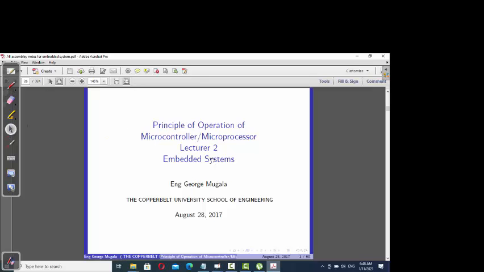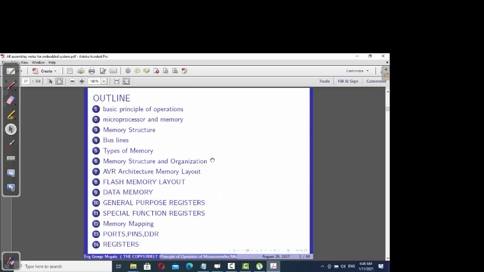Now, the basic outline of what we're going to look at is what you see right here. The basic principle of operation, microprocessor and memory, the memory structure, the bus lines, types of memory, the behavioral architecture, and memory layout.